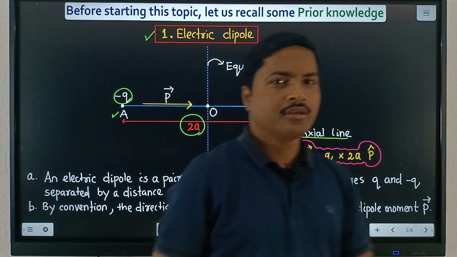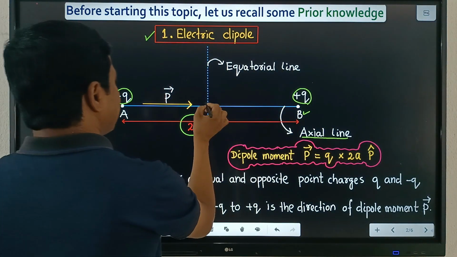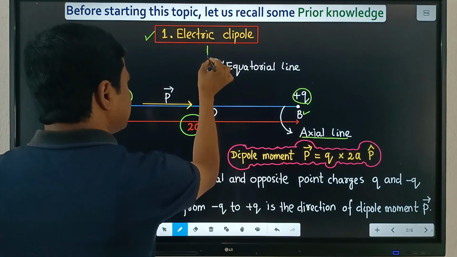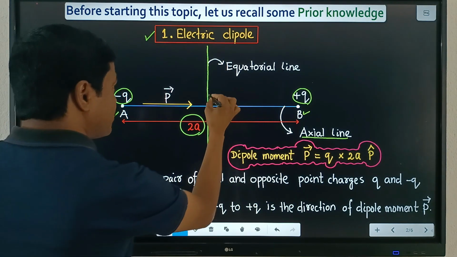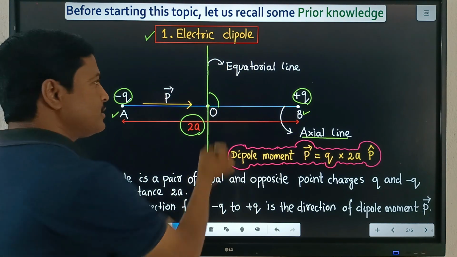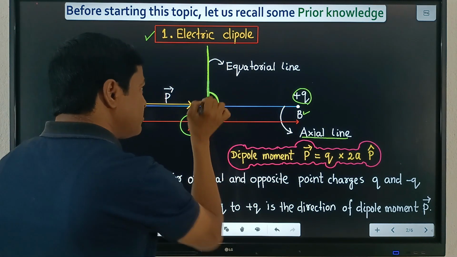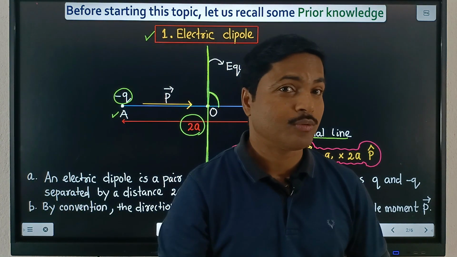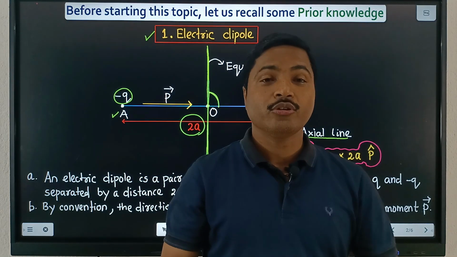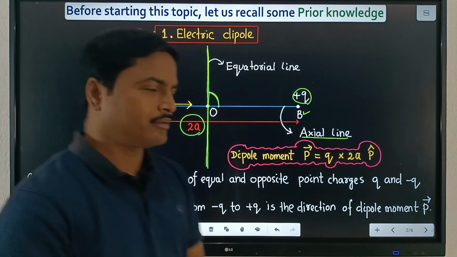But here, the equatorial line means the line passing through the center of the dipole and perpendicular to the axial line. The line passing through the center of the dipole and perpendicular to the axial line is known as the equatorial line. And you also know the electric dipole moment.